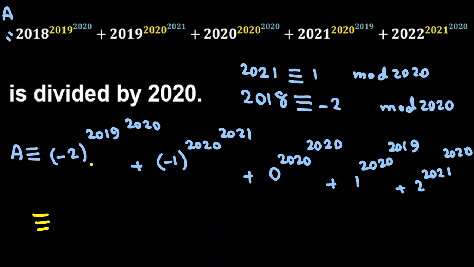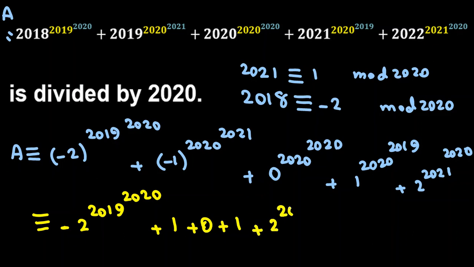The first one is what? -2, -1 to the power of what? 2019, odd number. So it will be -2 to the power of 2019 to the power of 2020. This -1 is to the power of an even number, so it will be +1. This 0 will be 0. 1 to the power of anything will be 1. Plus 2 to the power of 2021 to the power of 2020.